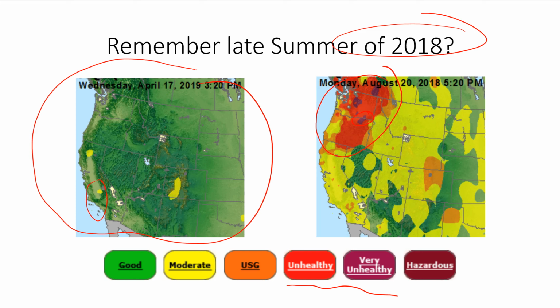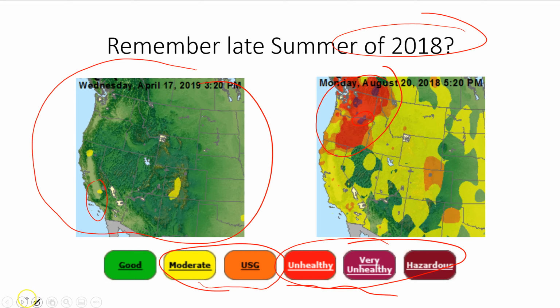That's where the air basically gets stuck down in our valley and doesn't move, and that allows pollutants to slowly build up over time. So they often give what's called an air stagnation advisory during those times. We'd probably be in the moderate to slightly unhealthy area for air quality during those times. We don't really get into the unhealthy area until a really bad wildfire season.